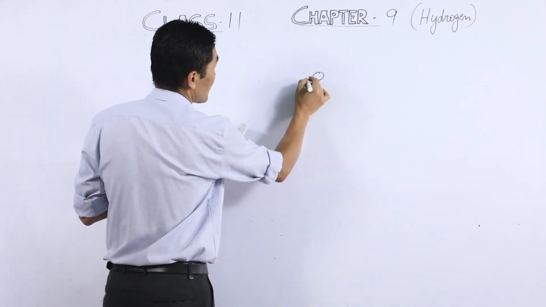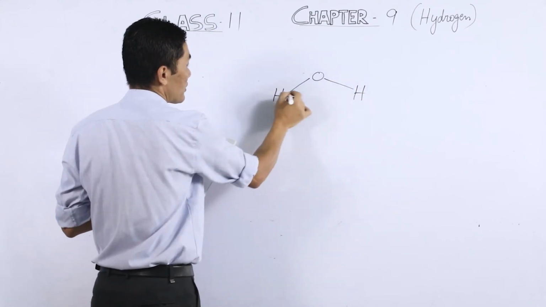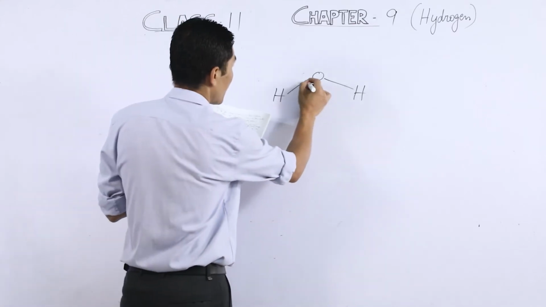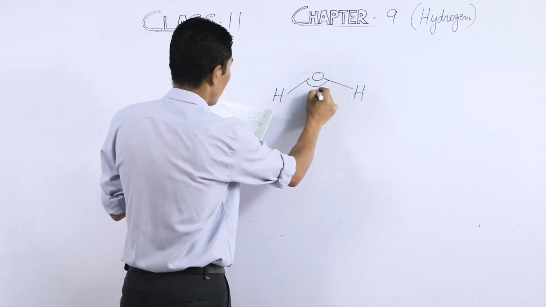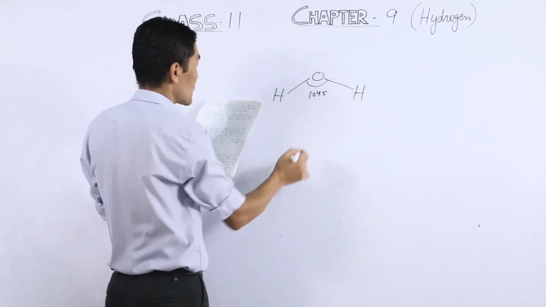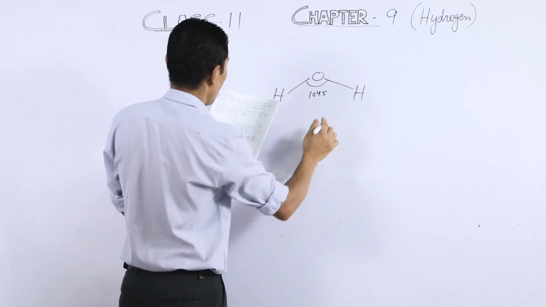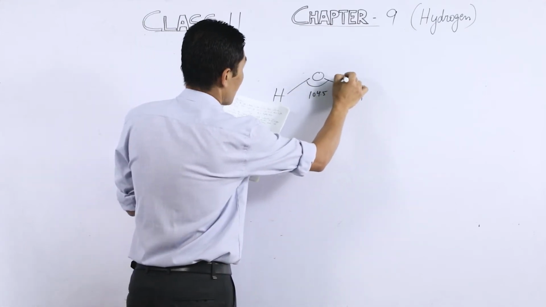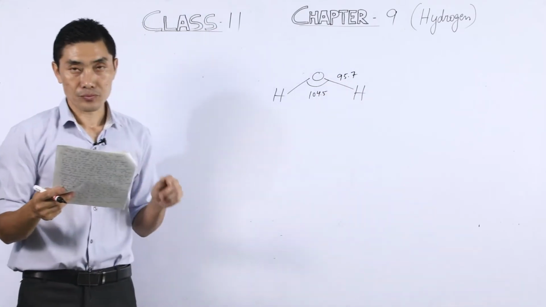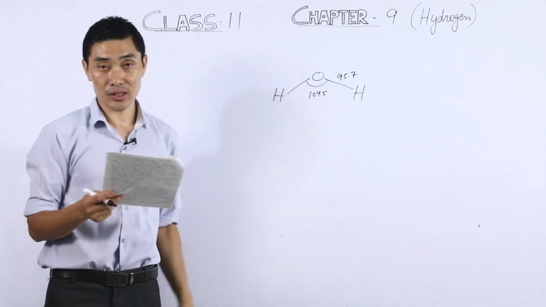So water in the gaseous state has a bent structure or a V-shaped structure in which the bond angle here is 104.5 degree, and the distance between the oxygen and hydrogen atoms, both these bonds are the same, is about 95.7. So this is how water molecule exists in the gaseous state.